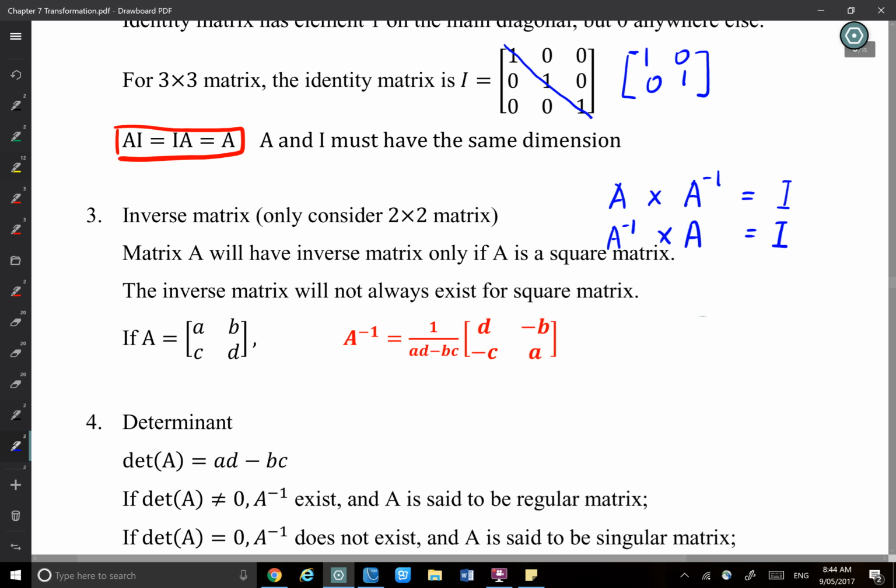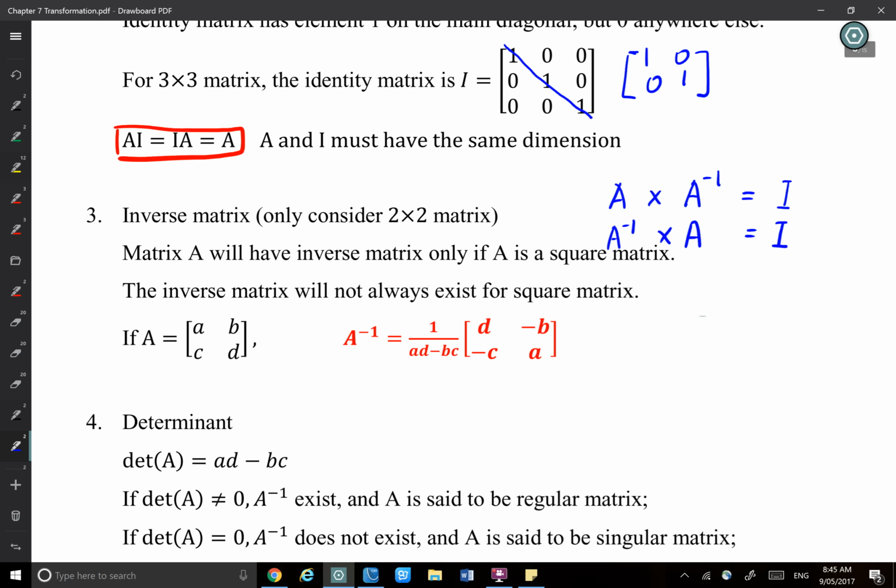So the inverse matrix times the original matrix should equal the identity matrix. That is the definition for any matrix, doesn't matter if it's 2 times 2, 3 times 3, or 4 times 4. This definition will always be true.